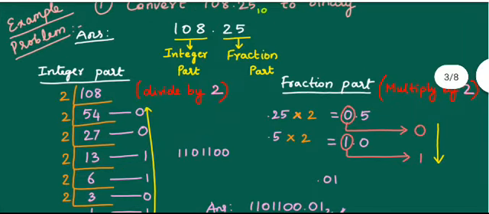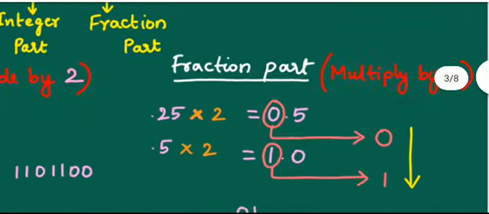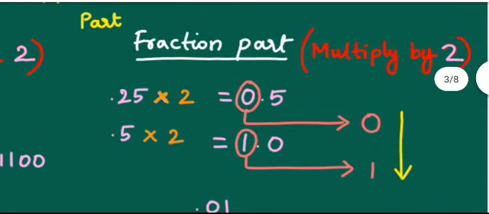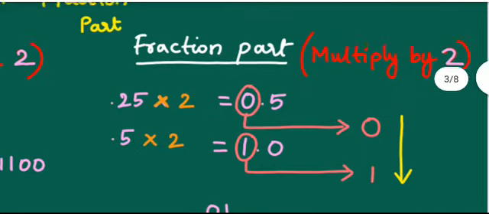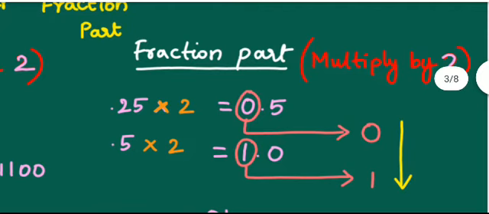Coming to the fraction part, we multiply by 2. What is the fraction part in the question? 0.25. So 0.25 into 2 gives 0.5. The integer part 0 in 0.5, you have to take it out.